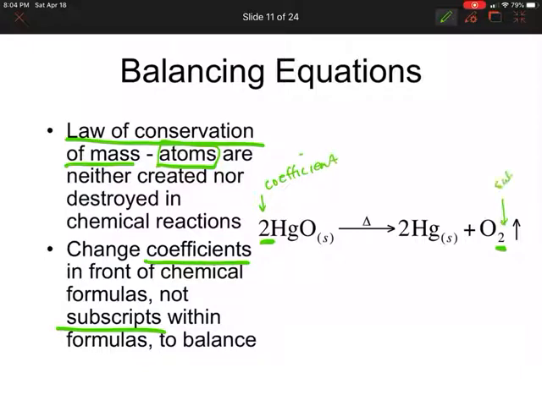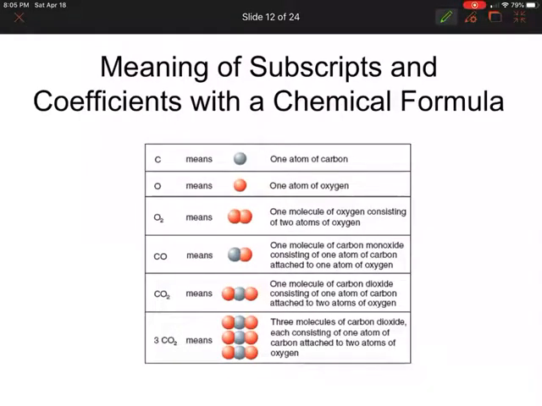There's a big difference. You cannot change this number right here. You cannot add numbers like that. The only thing you can do is add these types of numbers. This is another coefficient. These are both coefficients. I will show you why on this slide.